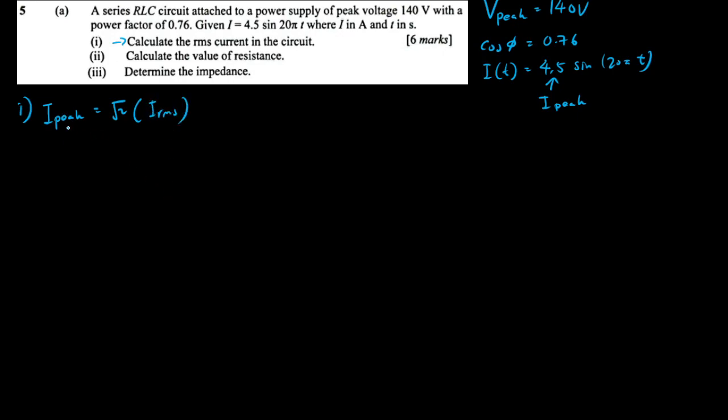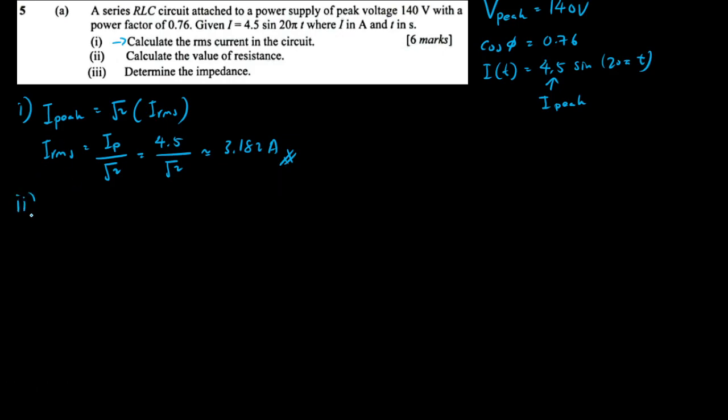So my I RMS is going to be my I peak over the square root of 2. My I peak is just 4.5 amps over square root of 2. What I'm left with is 3.182 amps. Now that's fairly simple enough, all right?